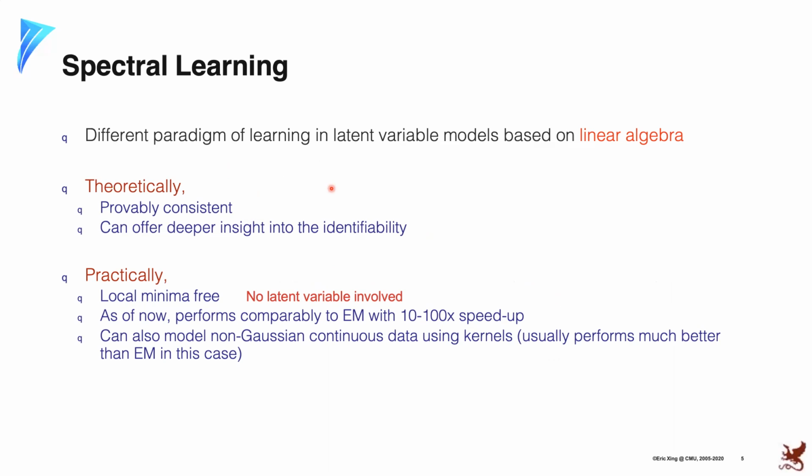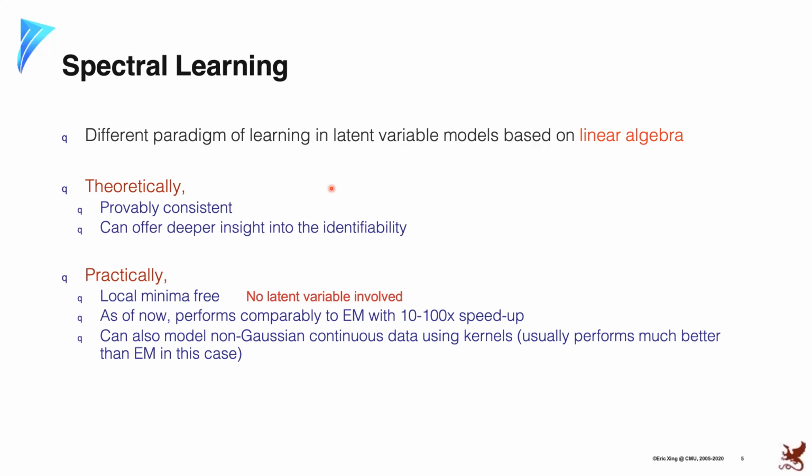And as of now, it has been tested on many different latent variable models, and the results show that it can achieve comparable performance to the EM algorithm on the downstream task while having a 10 times to 100 times speedup. So it's relatively efficient.